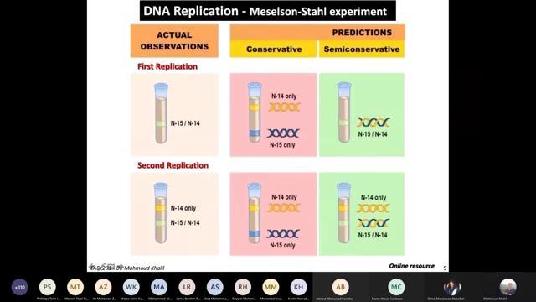When they experimented, they saw that after the first round only the N15, N14 hybrid double-stranded form was visible. After the second round, you can see the hybrid as well as the light double-stranded DNA. That means the correct theory of replication is the semi-conservative method.